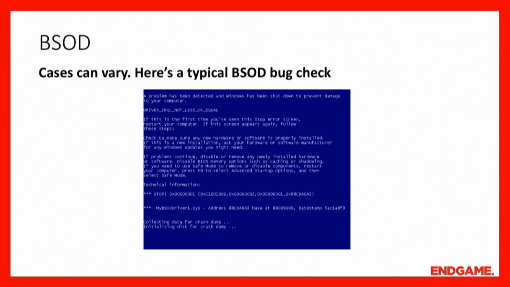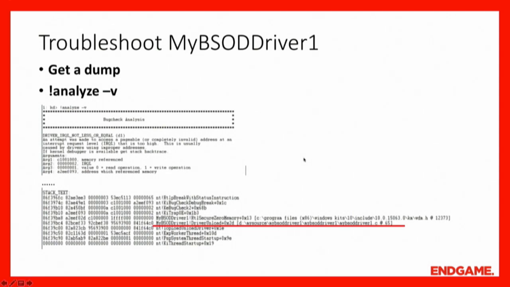Even the ones having the same symptom can have different reasons. For time's sake, I'm only going to cover the most common type of Bluescreen. As you can see the bug check number there, I can read it to you: IRQL, some people call it URL, not less or equal. That's one of the most common symptoms of Bluescreen.